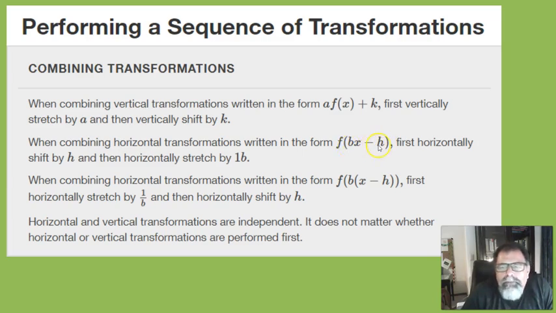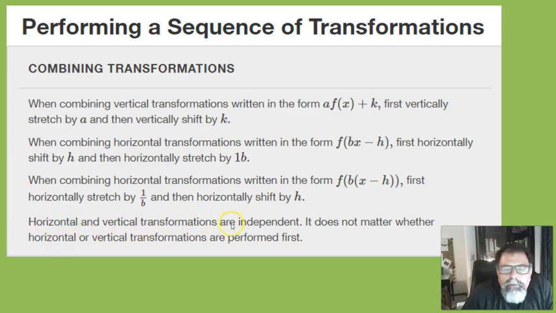So plus h and then divide by b. And when you're combining it written in this form where the b's factored out, first you're going to do the 1 over b, right? You're going to divide by b, and then you're going to add h. So again, if you think order of operations, but if you're inside acting on the x, you actually go backwards, and you do the opposite. So you're going to divide by b, and you're going to add h.